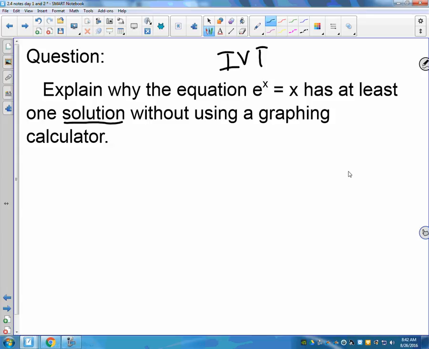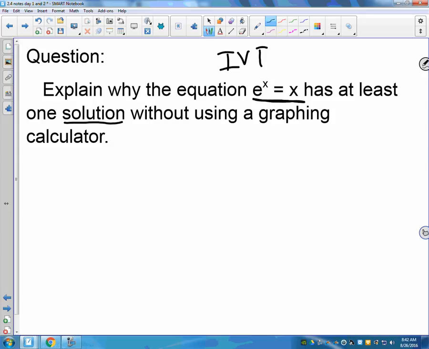What does it say again? If the function is continuous.